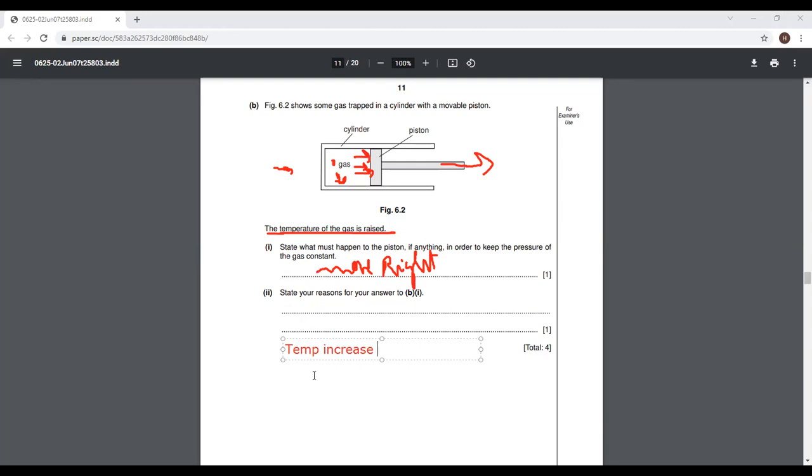As we talked about before, the temperature is increasing, and so the pressure will increase, so the piston should move towards the right in order to decrease the pressure.